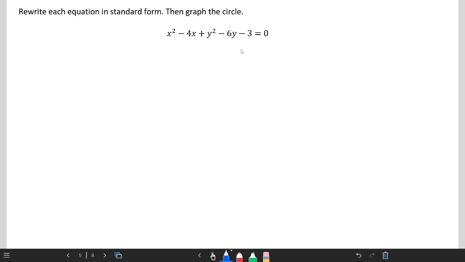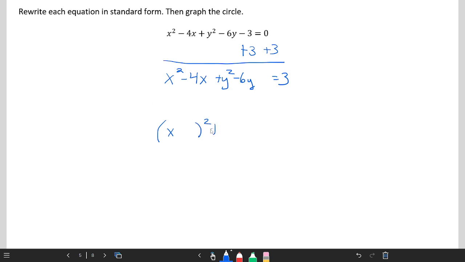So the first step when you're completing the square is you want to get the constant term out of the way. So here we're going to add 3 to both sides. And the goal is to get it in standard form, which looks something like this on the left.